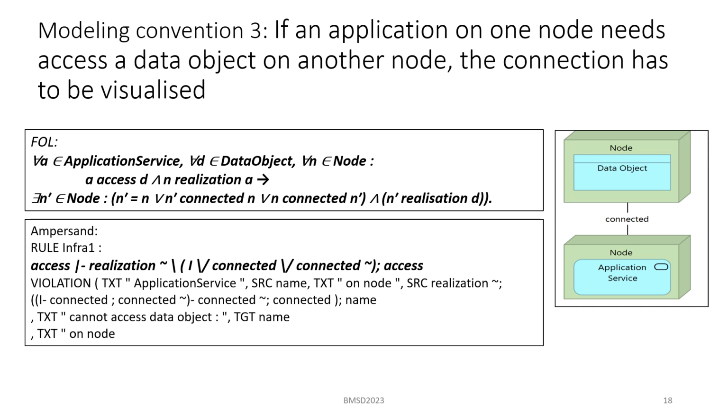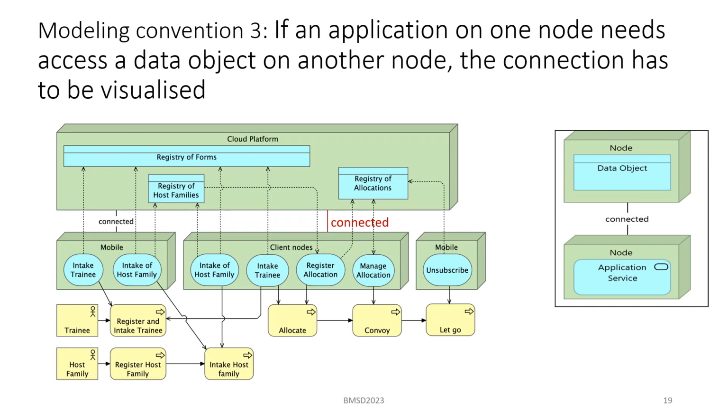The formal expression covers all the cases. A missing connection between nodes, client nodes and cloud platform, has been found. The views have been corrected, and a view of this modeling convention has been drawn in the model.